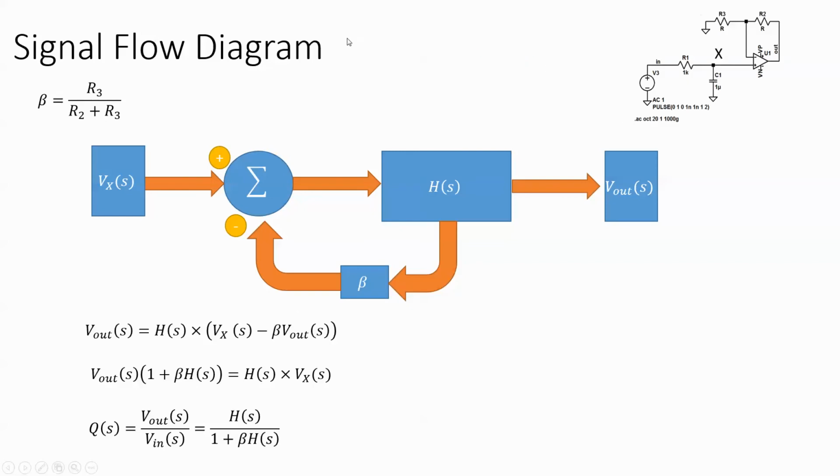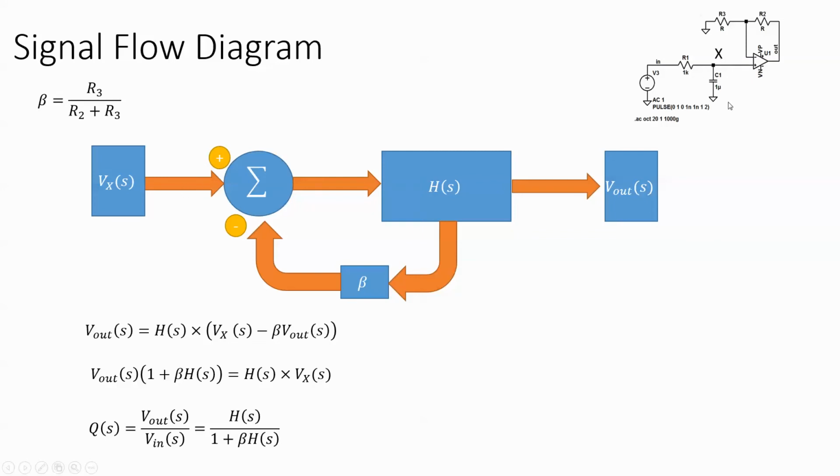So let's do an example. When will this behave like a non-inverting amplifier, or when is it actually behaving ideally? So here we have Vx, so that's all we're worried about.